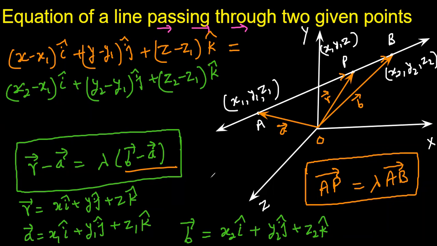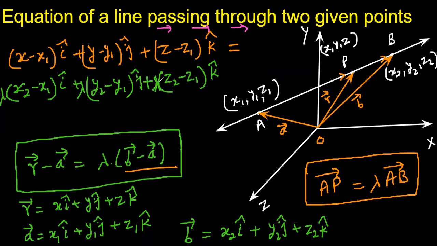And we have lambda also, because AP is equal to lambda times b minus a, so we write lambda with each of these terms.